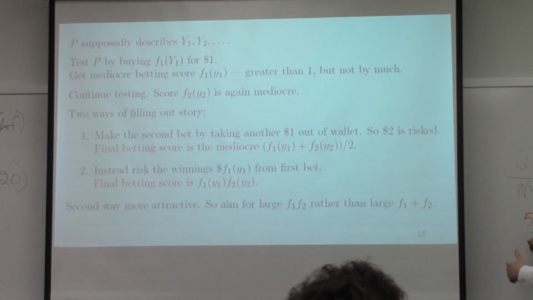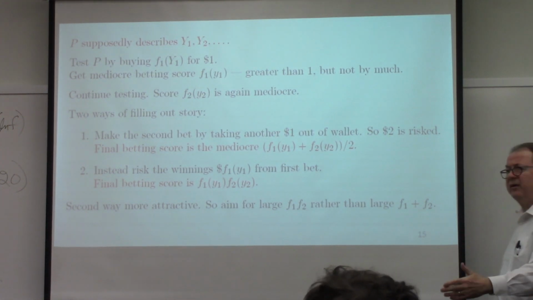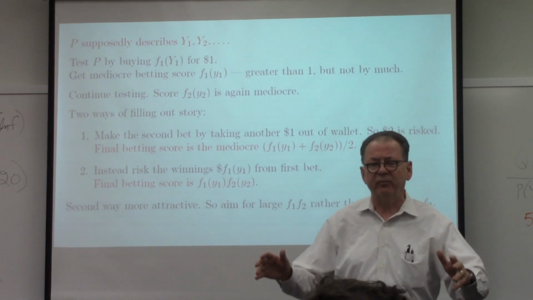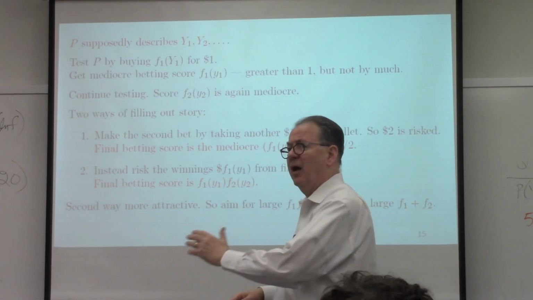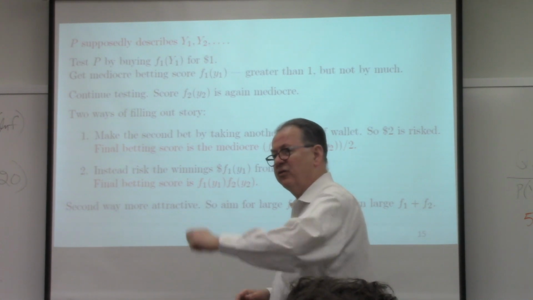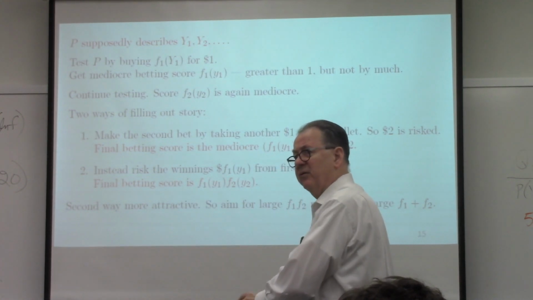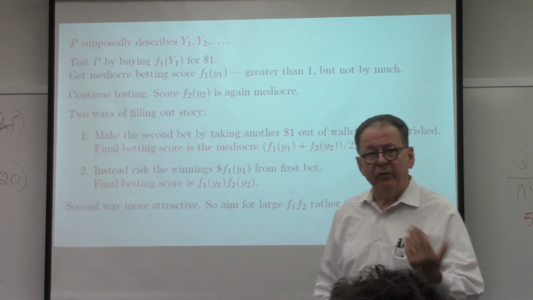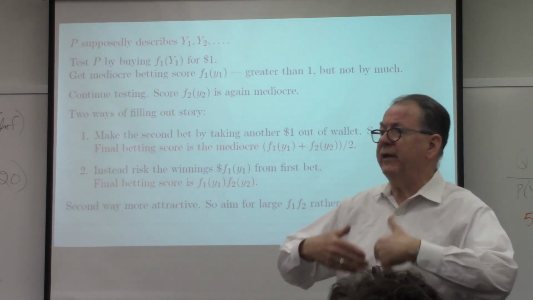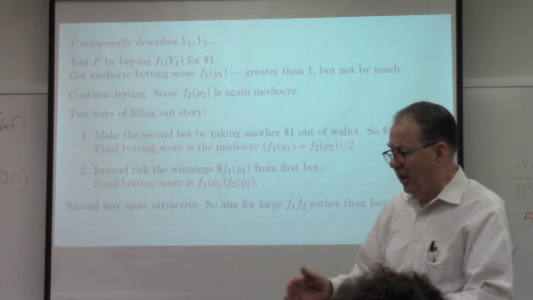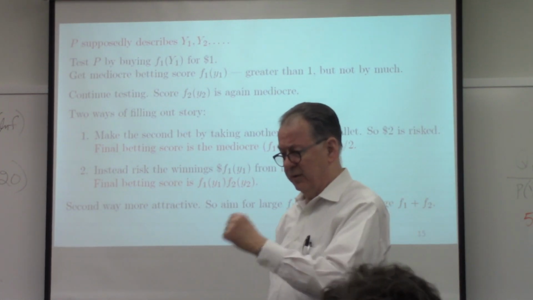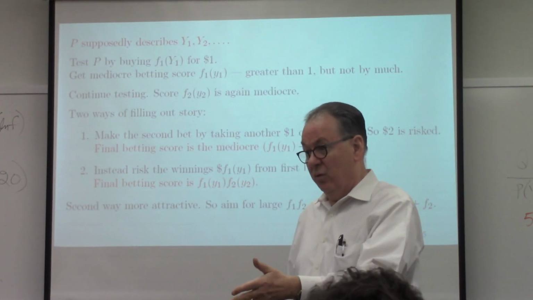We do one test with a probability distribution, and then somebody else comes up with a test. If the second tester takes the winnings from the first and multiplies them, then we have a way of putting the evidence together, which we currently don't have in the theory of meta-analysis.